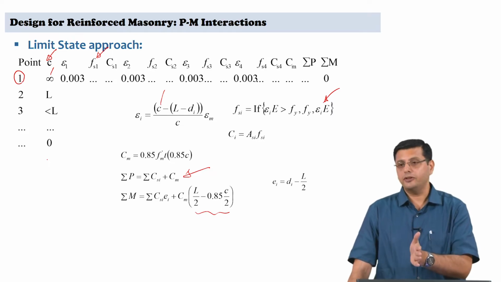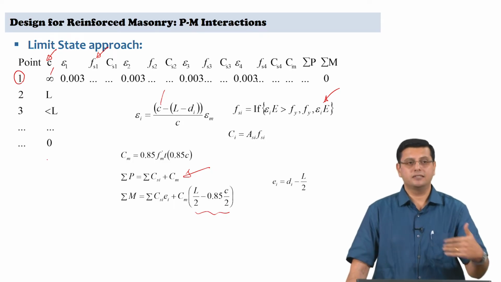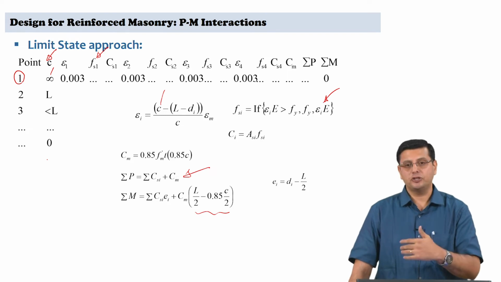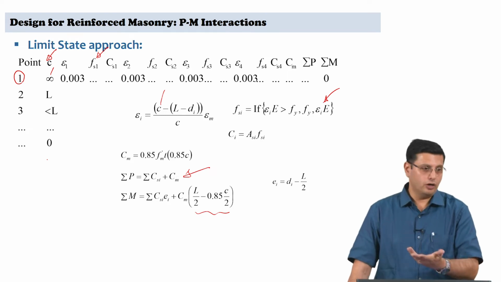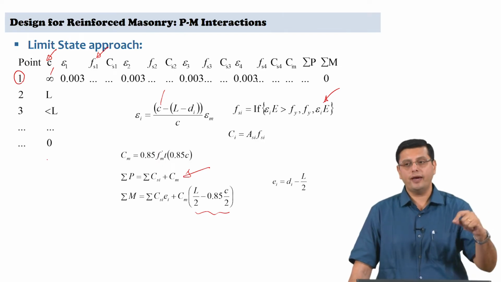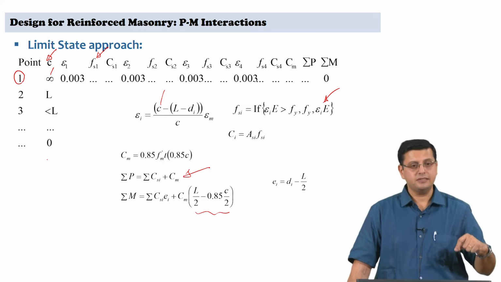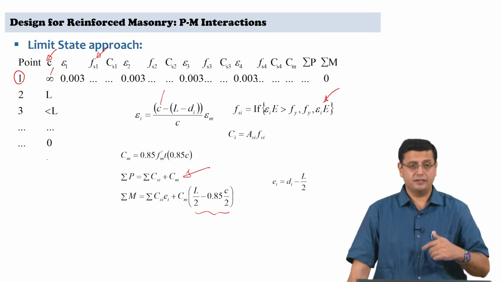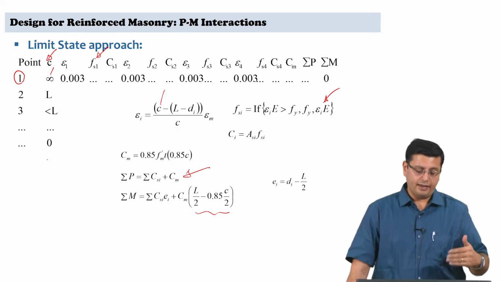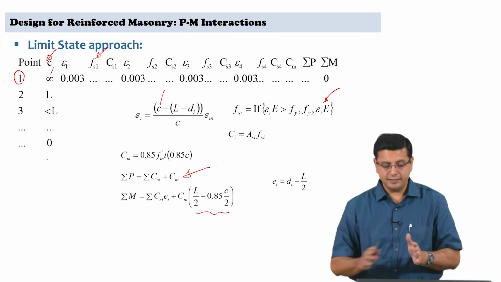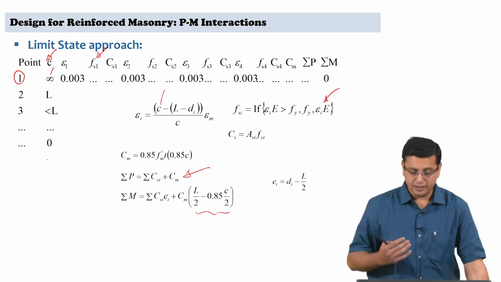Then, based on that, go back and check the state of stresses in the masonry and in the steel, and ensure that they do not go beyond the permissible stresses. So, that aspect of not knowing where you are in the interaction surface, whether it is going to be a tension controlled or a compression controlled estimate, and therefore what the neutral axis depth is, is the unknown portion of the design process.